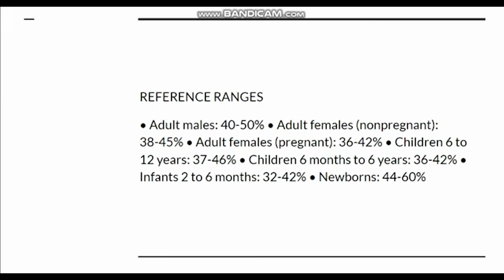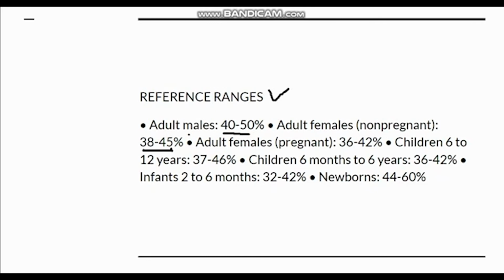So going to the reference ranges, it varies according to the physiological condition of the person. It varies between males and females. In males, the PCV is 40 to 50%, and in adult females it ranges from 38 to 45%.